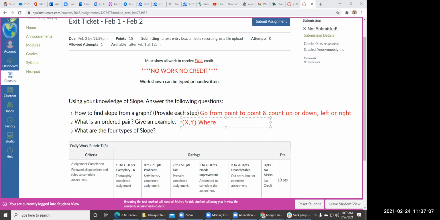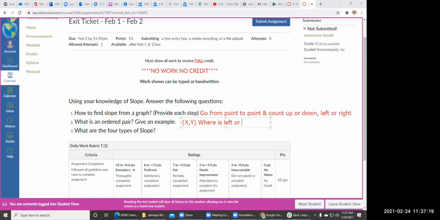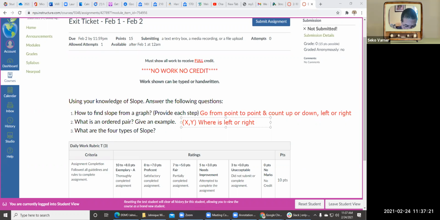3, comma, -7. Right. That would be a great example. Where the x is left or right, and the y is up or down.